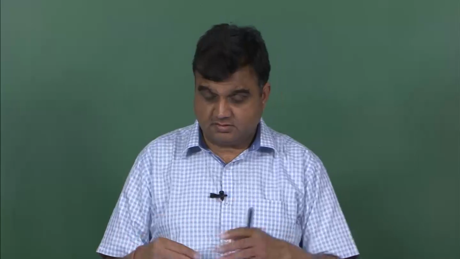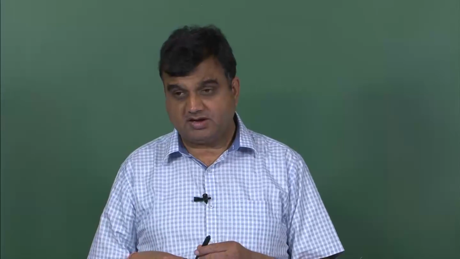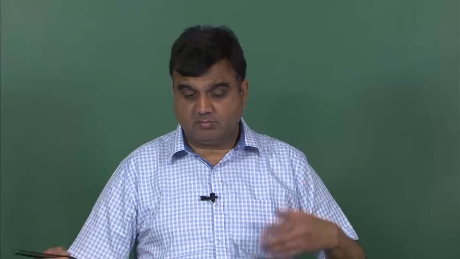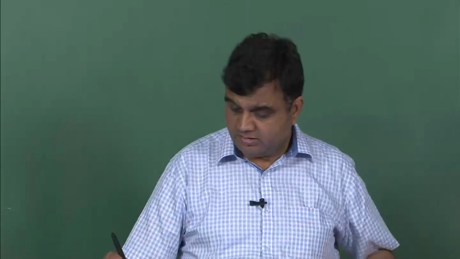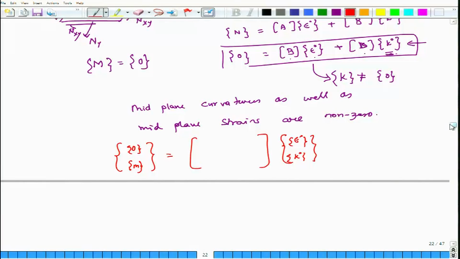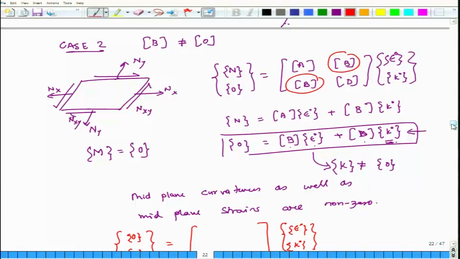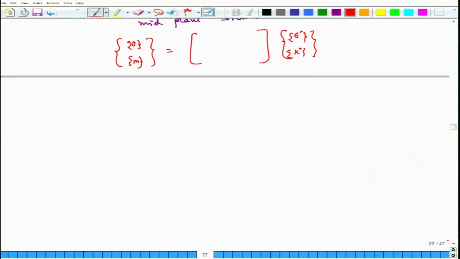If this coupling matrix is not there, then the response of the plate to N is purely strain, and the response to M is purely curvature. But if B is non-zero, then it couples and you have a more complicated situation. So, this is the second case.